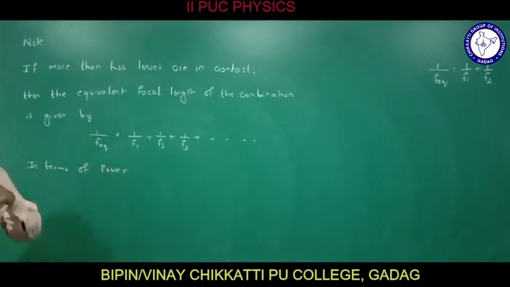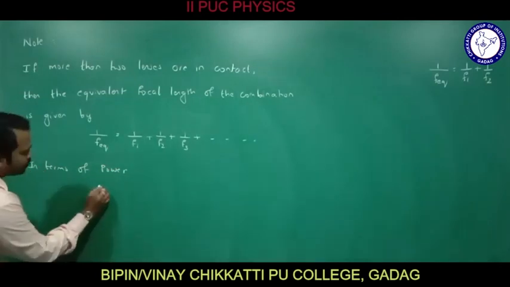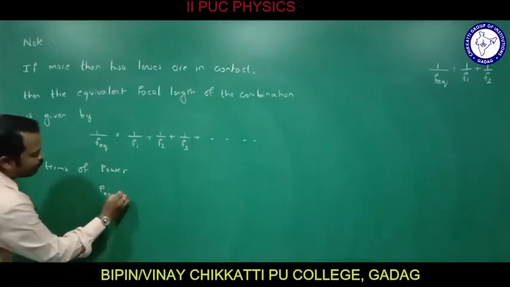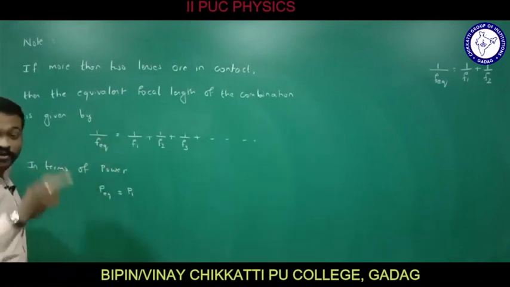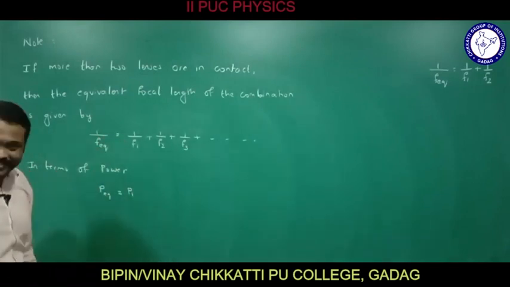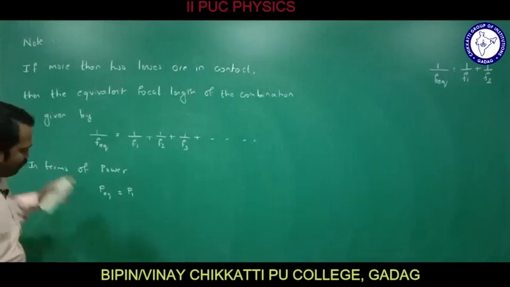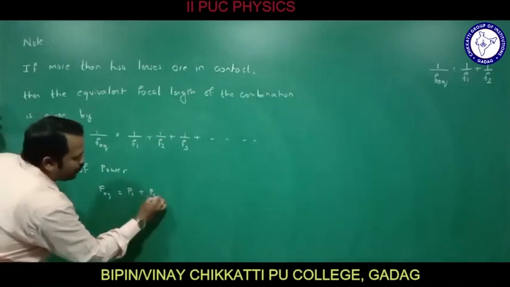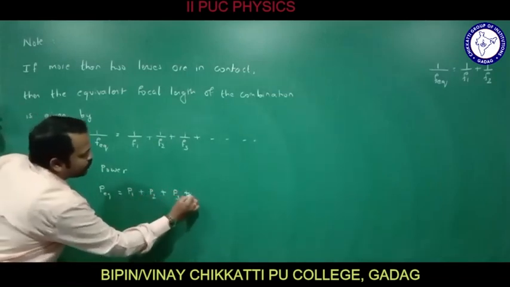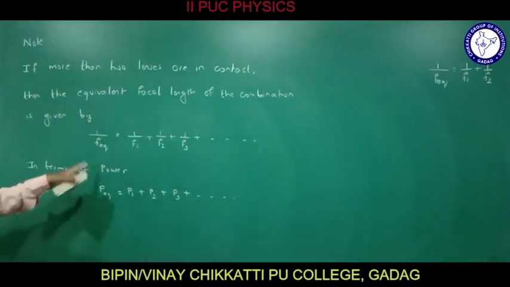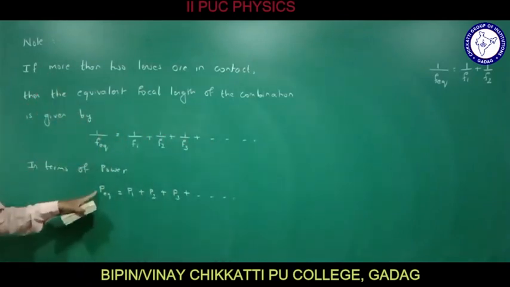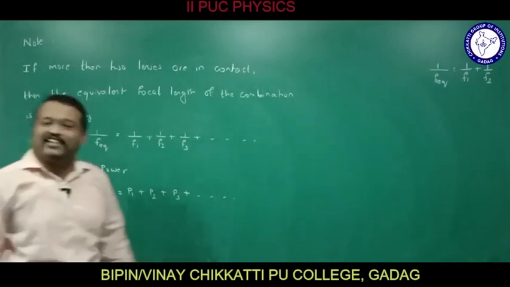Equivalent power is equal to the power of the first lens plus power of the second lens plus power of the third lens, because you know power is 1 divided by focal length, and it continues. This is the formula for equivalent power of the combination of lenses.